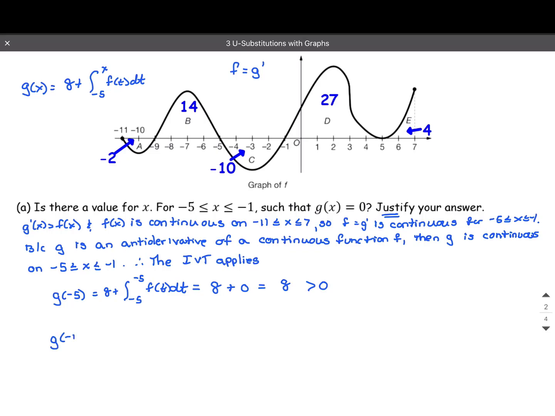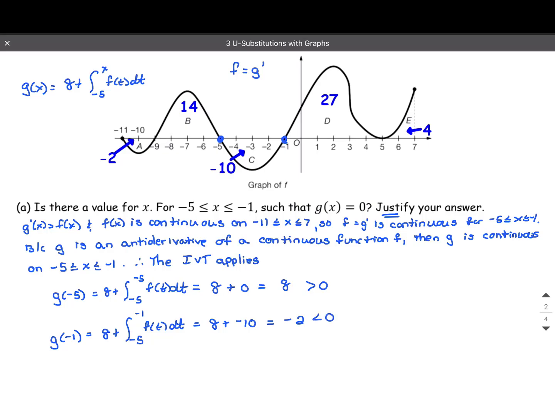And g of -1 would be 8 plus the integral from -5 to -1 of f of t dt, equals 8 plus. Now from -5 to -1, that's that region C, which has an area of 10, but because it's below the x-axis, it's a -10, and 8 minus 10 is -2, which is less than 0.